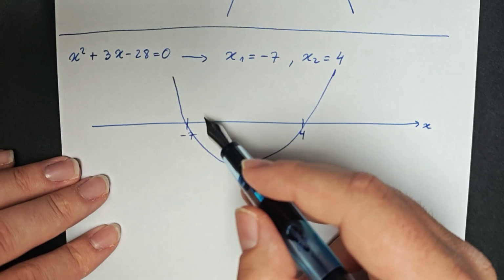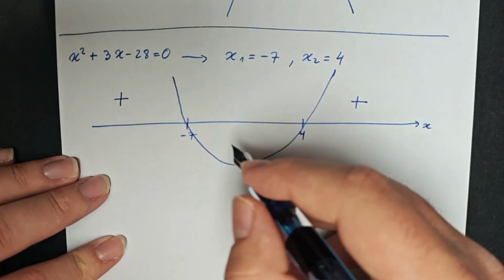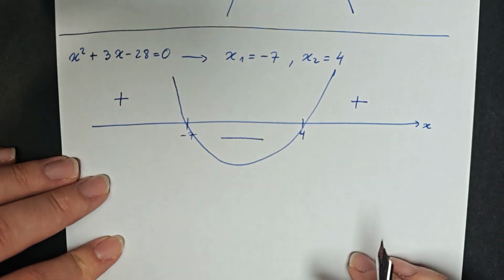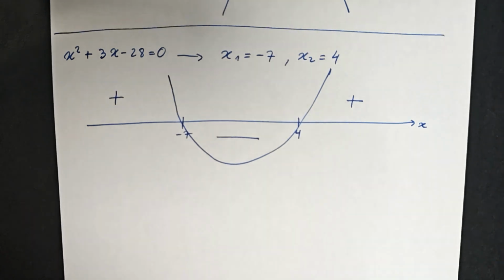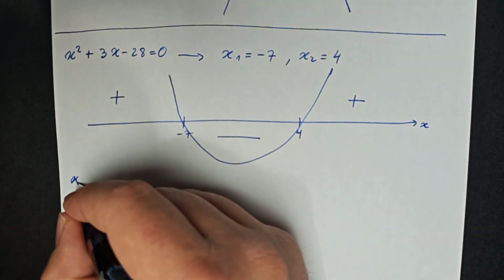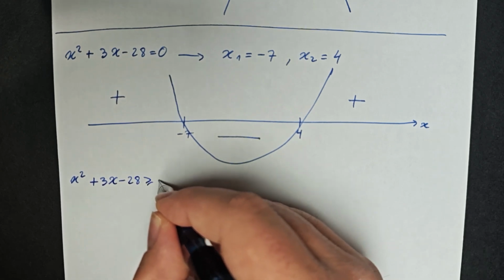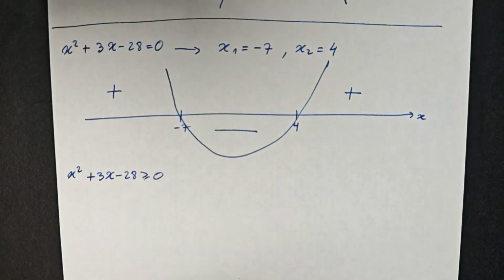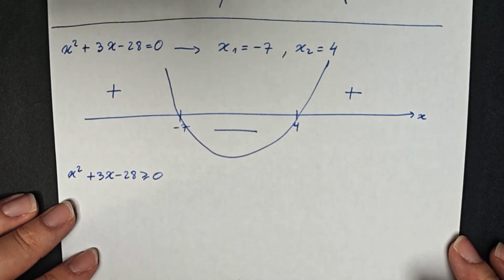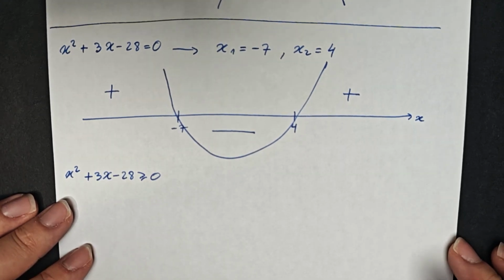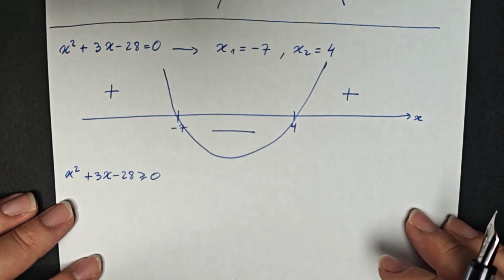As you can see, above the x-axis those are the positive values, and below the x-axis those are negative values. Our inequality was x squared plus 3x minus 28 is larger or equal to 0. So we are going to take the parts of the x-axis where the function, our smiley face, is above the x-axis.